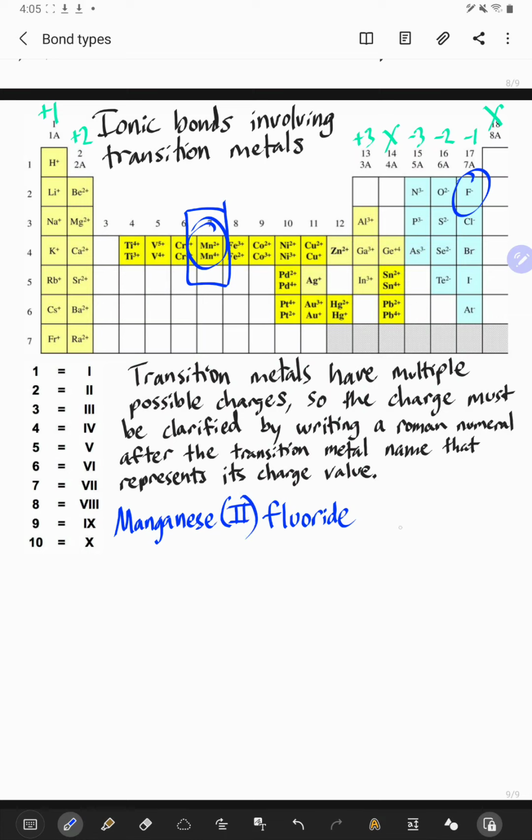and that would look like this, where we would have manganese and 2 fluorines. Or what if we had manganese 4 fluoride? 1, 2, like that.